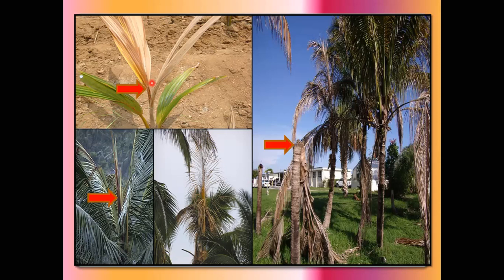The first visible symptoms of bud rot are the withering of the spear leaves, which are generally brown in color.